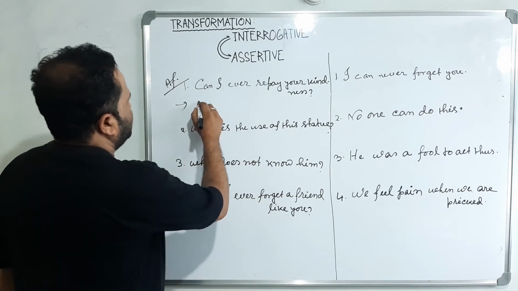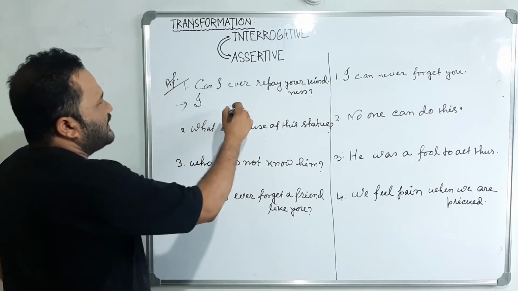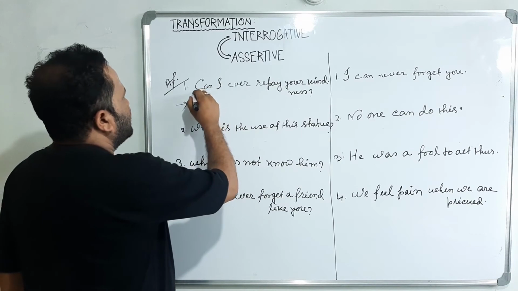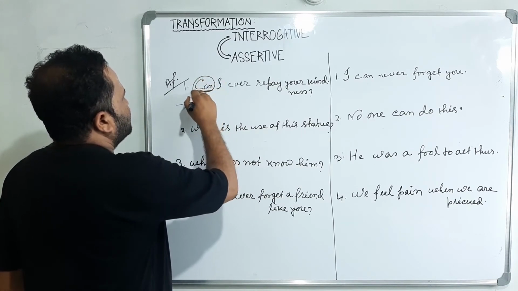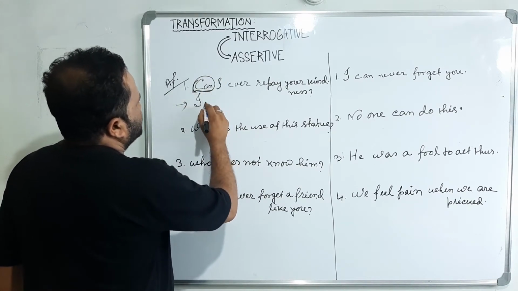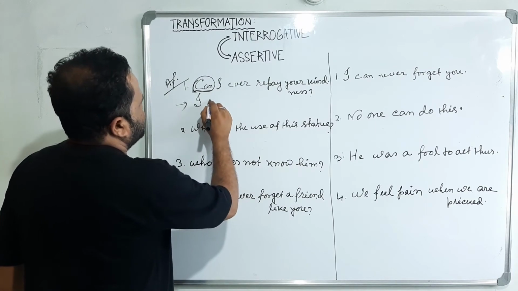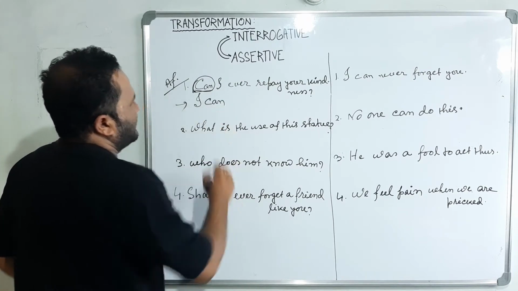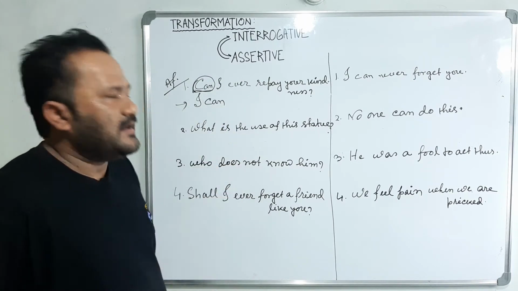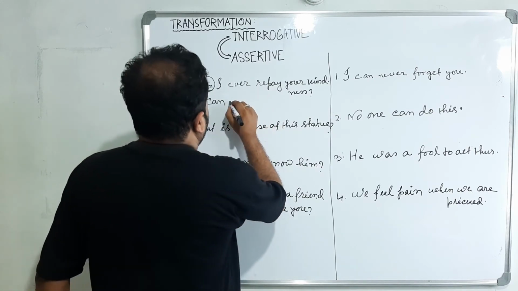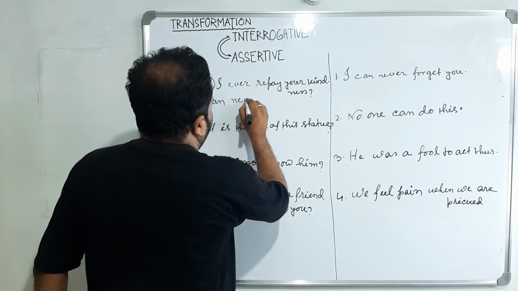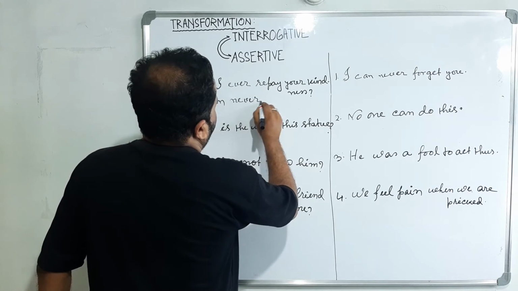Okay. So in assertive, the auxiliary should be placed after the subject. I can. Ever becomes never.